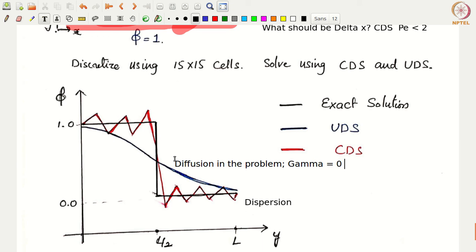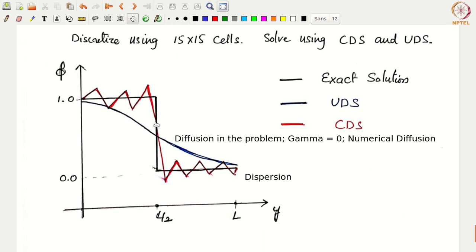So what we see here is basically some kind of numerical diffusion that is an artifact of the Upwind difference scheme. So as a result, none of these schemes give an exact solution. That is the behavior.